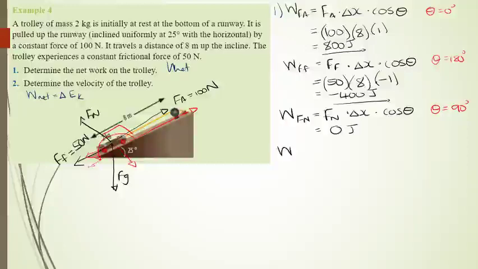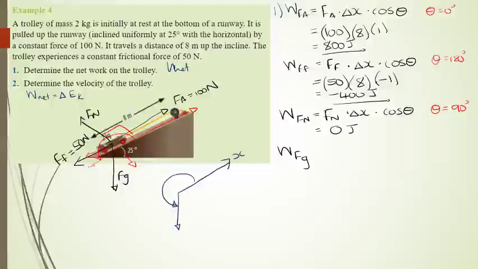Now, my gravitational force. When I'm looking at my gravitational force, I need to figure out what angle I need to adhere to. Now, if my distance, or my x, is moving in that direction, and my gravitational force is down this way, I want to know what the angle is between the two.